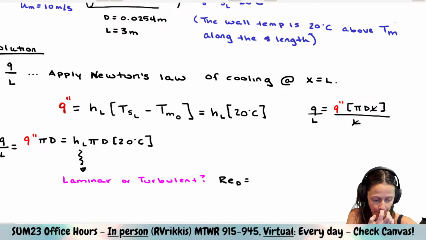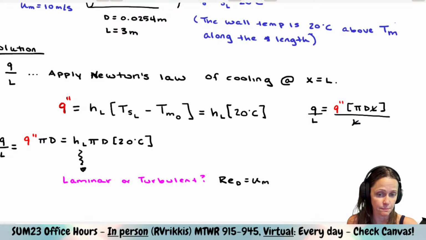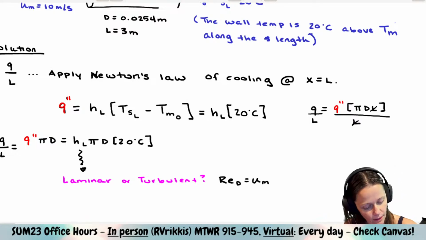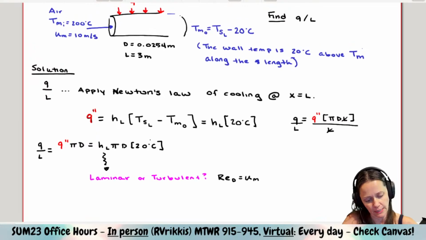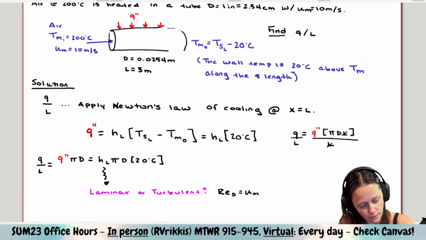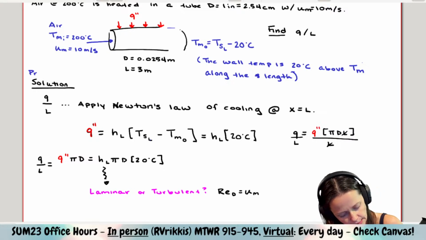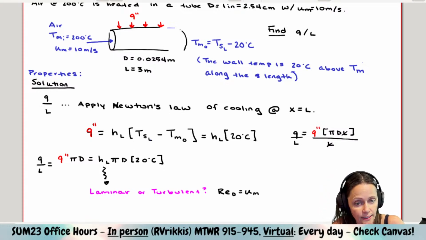Mean velocity times our, well, actually let's go ahead and give you some properties here. So our properties.